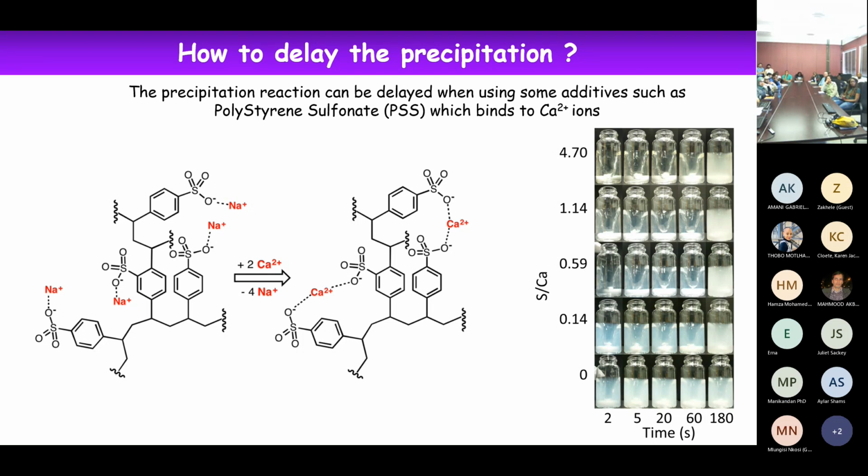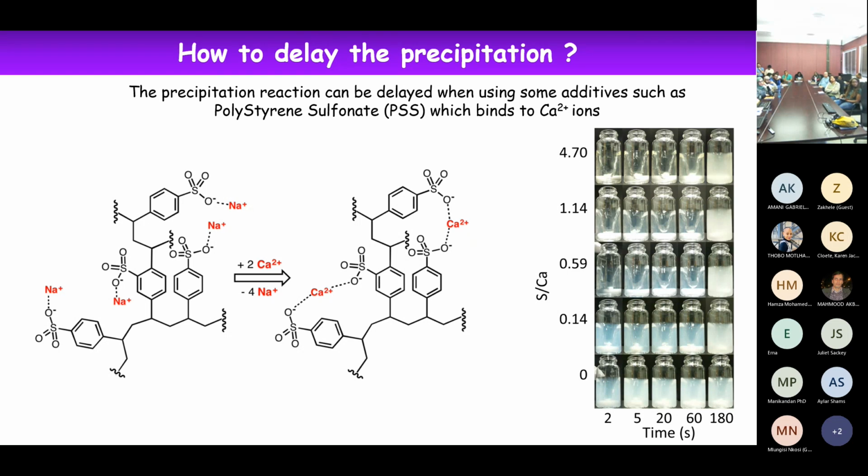And you can see that here you have sulfur moieties. And this sulfur, you can modify the ratio between sulfur and calcium. At 0 ratio sulfur over calcium, you see that immediately you precipitate the calcium carbonate. So if you don't put PSS into a solution, there is no way that you can delay the precipitation.